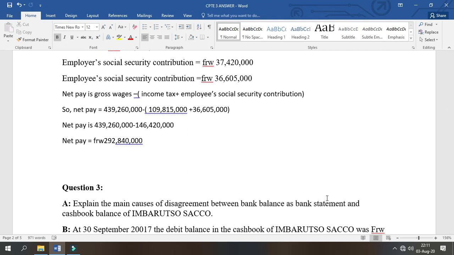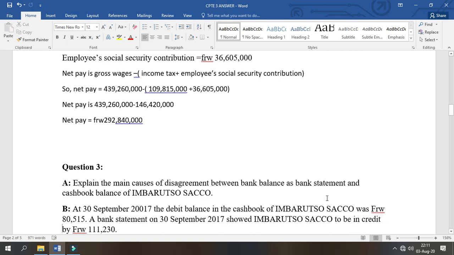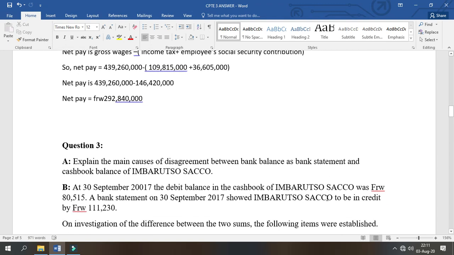Explain the main causes of a disagreement between the bank balance as per bank statement and the cash book balance of Imbalto Sako. B asks that at 30 September 2017, the debit balance in the cash book of Imbalto Sako was Rwandan franc 80,550.